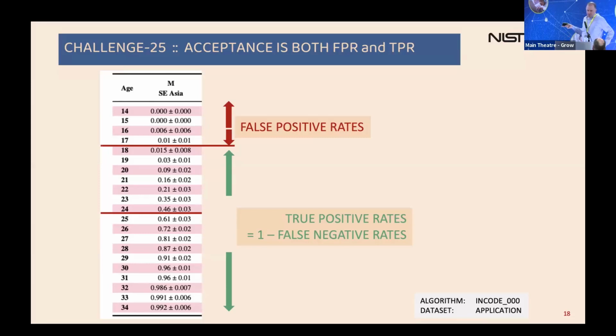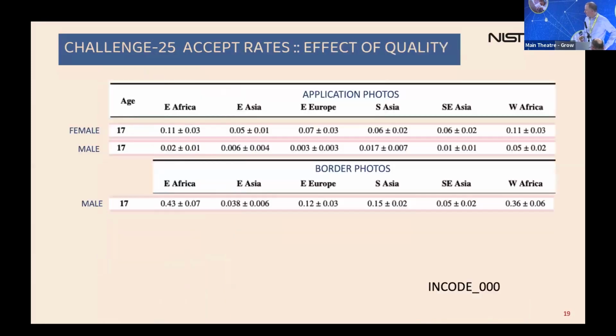But what we see in border photos, which are of distinctly lower quality, with less pose constraint and some cropping and some facial expression and slightly lower contrast, is that the algorithms are not responding to that favorably. So quality is important. You want to maintain quality.